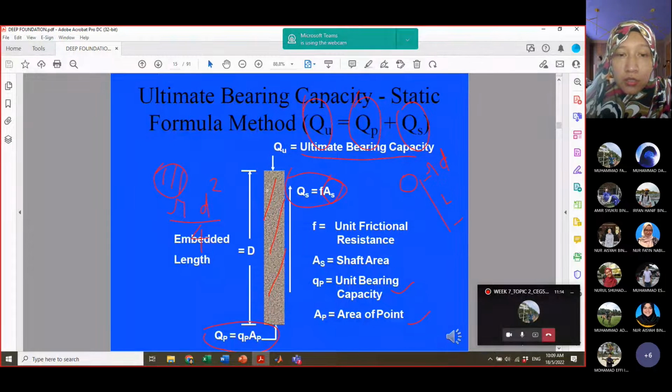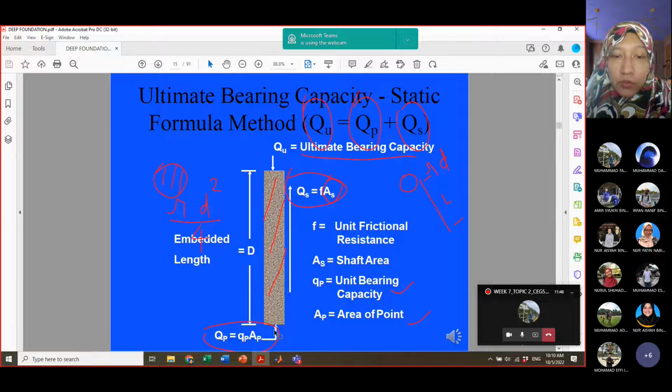So you have to be careful when you calculate or when you have a problem to analyze the bearing capacity of the single pile. And then AP is the area of the point, which depends on the cross-sectional area of the bottom pile. If the pile is in a circular form, we will use the area of the pile at the bottom as pi d squared over 4. But somehow the pile is not in a circular shape. It can be a square shape.